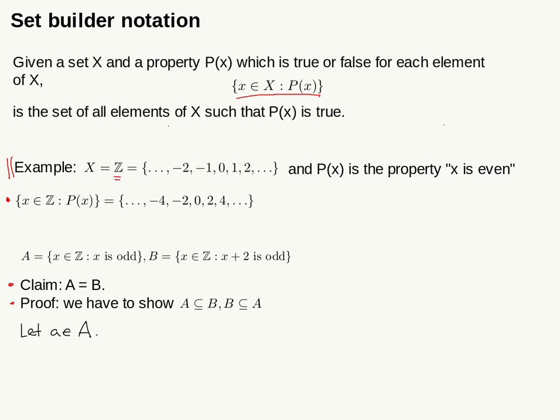If little a is in big A, then a is an odd integer. If a is an odd integer, then a plus 2 is also an odd integer, right? If you add an odd number to an even number, you get an odd number. So a plus 2 is also an odd integer.